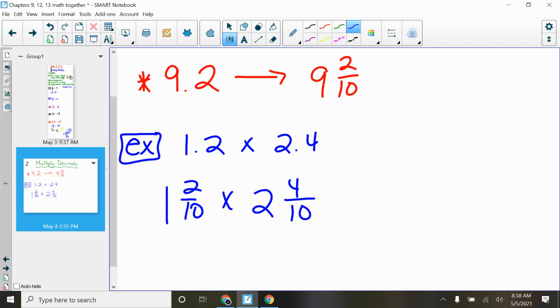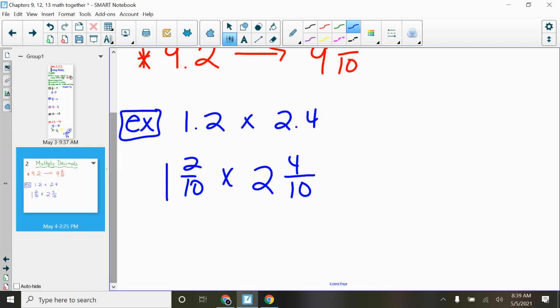You could take each of those decimal numbers, change them to fractions, and then multiply fractions like you've already been taught how to do, okay? But the easier way is to do this. So I'm gonna call this the long way.